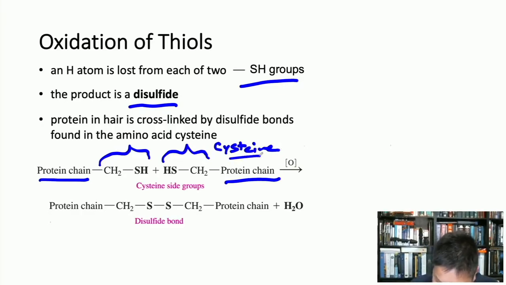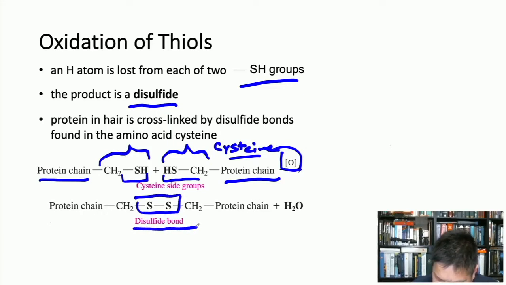And cysteine has the CH2 connected to the rest of the molecule, which is that protein chain, and then has a thiol group at the end of the chain. And so when you get two protein chains with two cysteines that are exposed, they can get oxidized, where you lose the hydrogens, and the two cysteines get bonded together to form a disulfide bond.